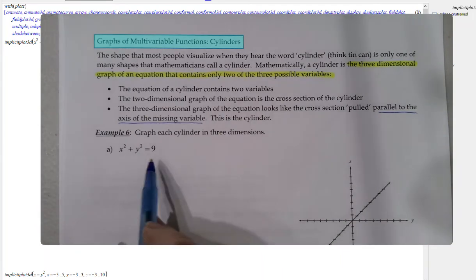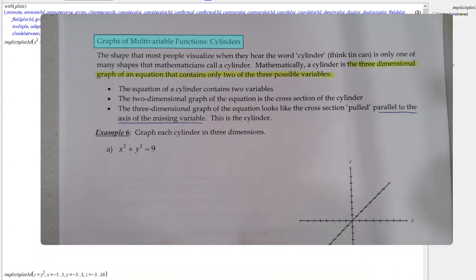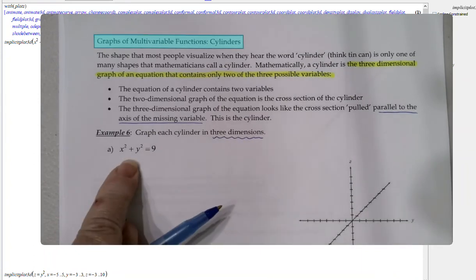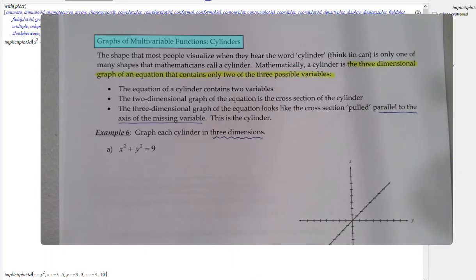So let's start with this one. I want to graph in 3 dimensions. My first cylinder, x squared plus y squared equals 9, you'll notice contains only 2 of the 3 variables.